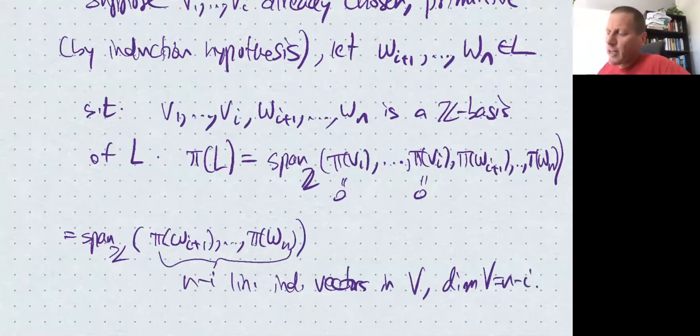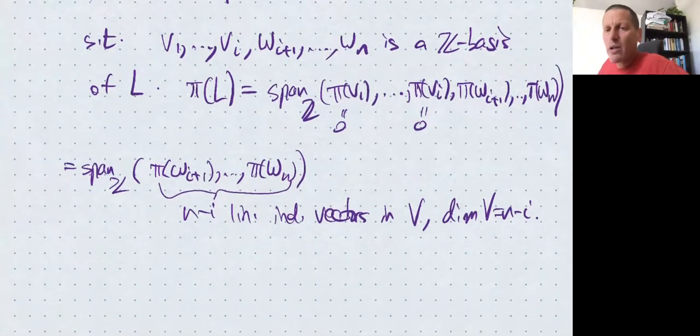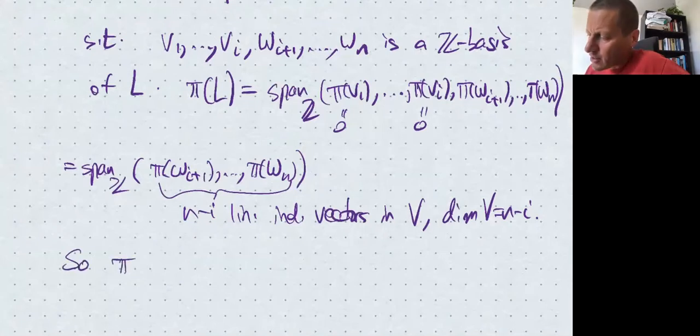If there were any linear relation among these w's after projection, then there would have been a linear relation in this collection before the projection. And so these guys are linearly independent in V, so they form a lattice in V, so they're discrete. So pi of L is discrete.